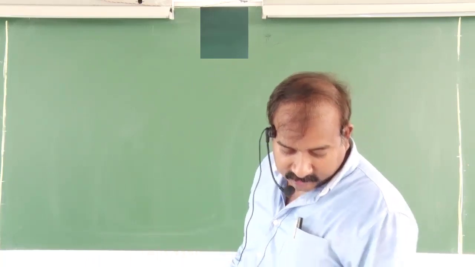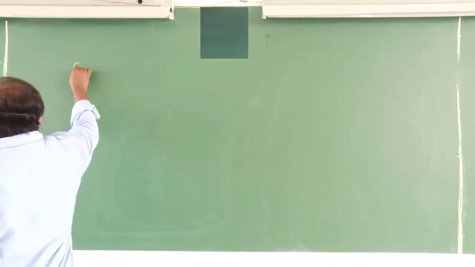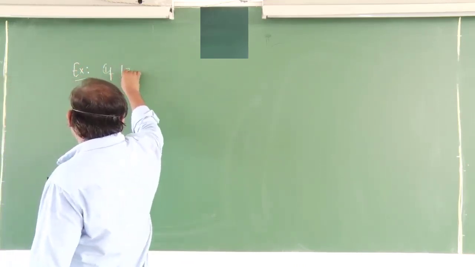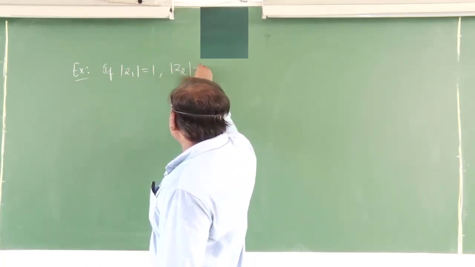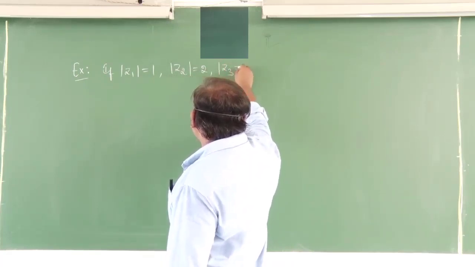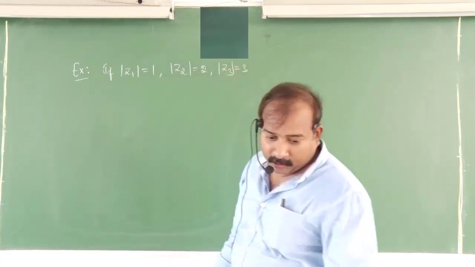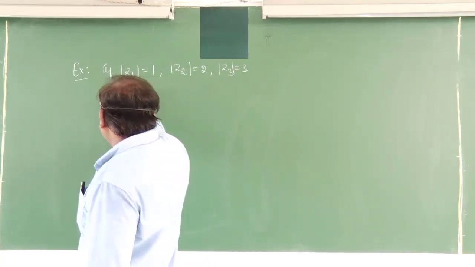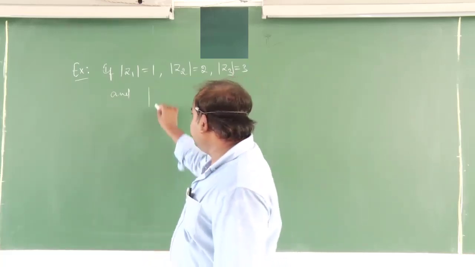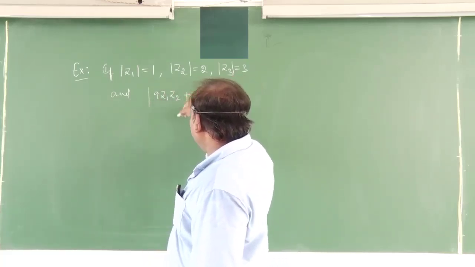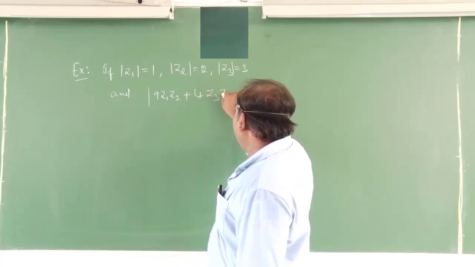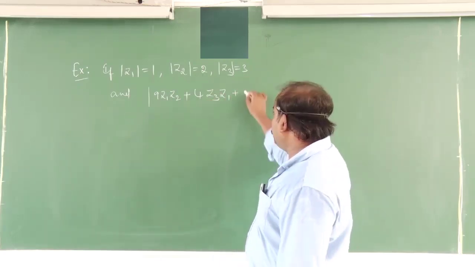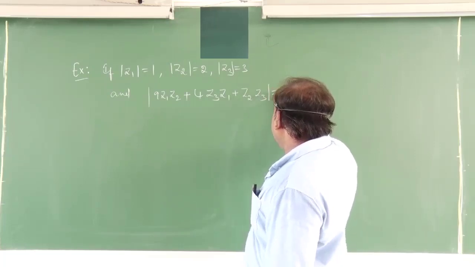Here, if you observe, they have given one more example. If modulus of Z1 is equal to 1, modulus of Z2 is equal to 2, modulus of Z3 is equal to 3, these are the given values, and modulus of 9 Z1 Z2 plus 4 Z3 Z1 plus Z2 Z3 is equal to 6.